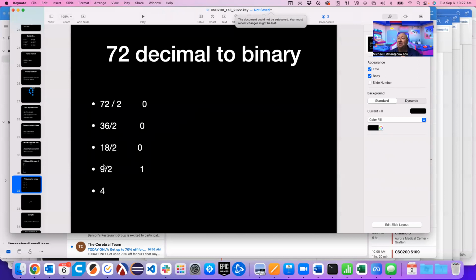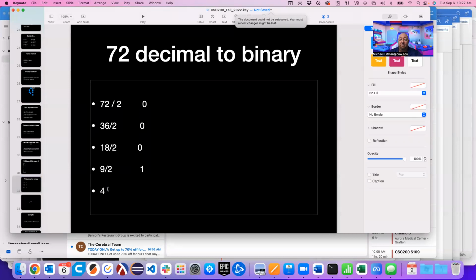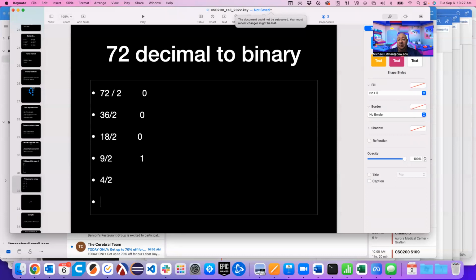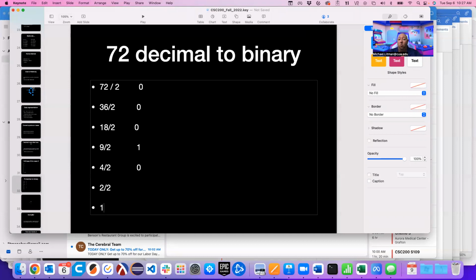We do need an extra 1 to get us to the 9. 4 divided by 2 is 2. 2 times 2 is 4, so this is a remainder of 0. 2 divided by 2 is 1. 1 times 2 is 2. It takes nothing else to get us to 2, so that's also a remainder of 0.